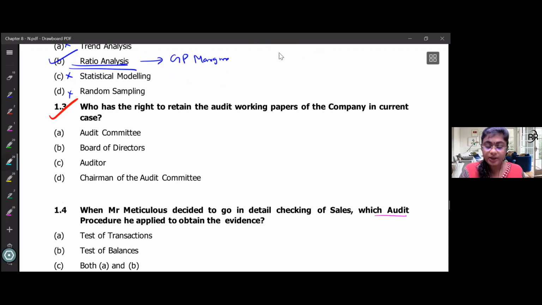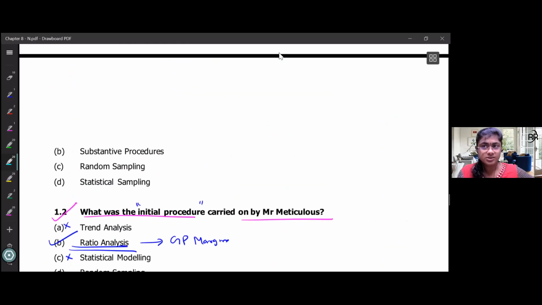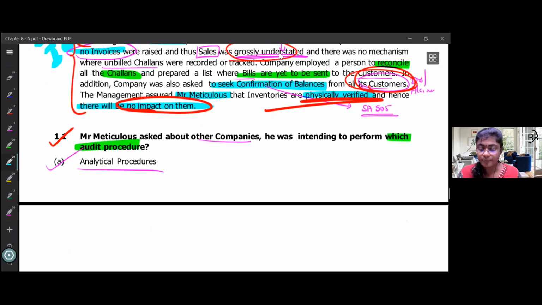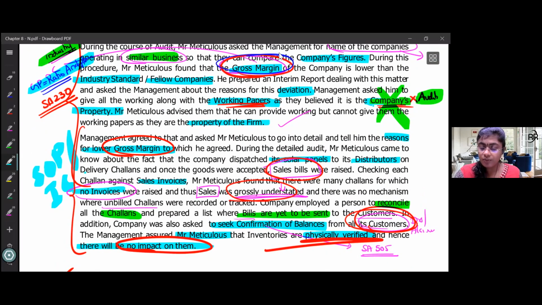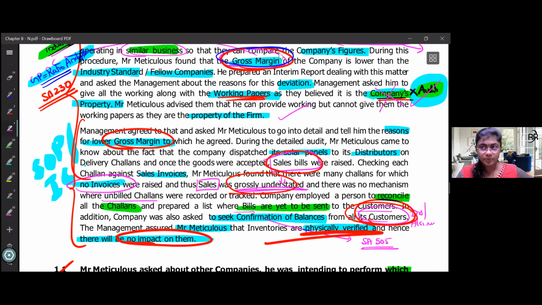Who has the right to retain audit working papers of the company in the current case? See, there was a small issue here, whether the working papers belong to the company or the auditor. We concluded, no, it belongs to the auditor.